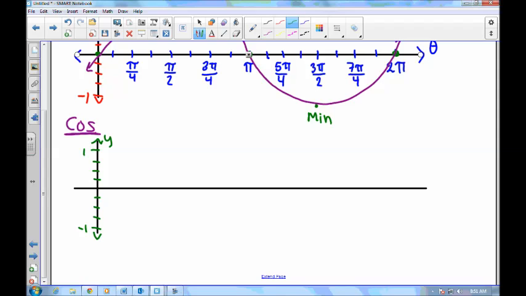Okay, the x-axis, or not the x, excuse me, the theta axis, the horizontal axis, we're going to label the same units that we had above. So just copy what you did on the last one, counting every 45 degrees.